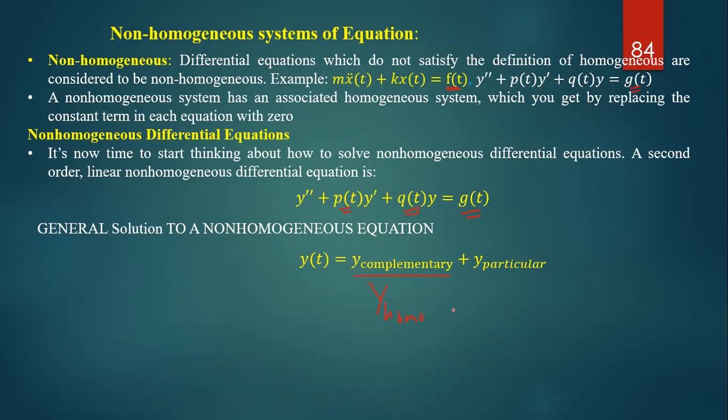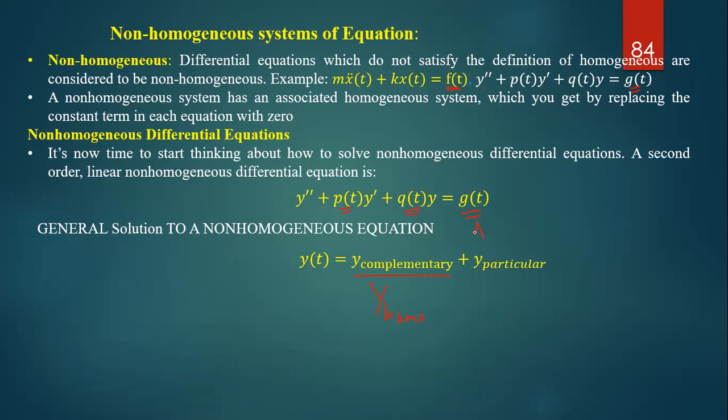We first assign g of t equal to 0 in the equation, then the equation becomes homogeneous, and that part is the complementary solution. The particular one is the solution related to the g term.